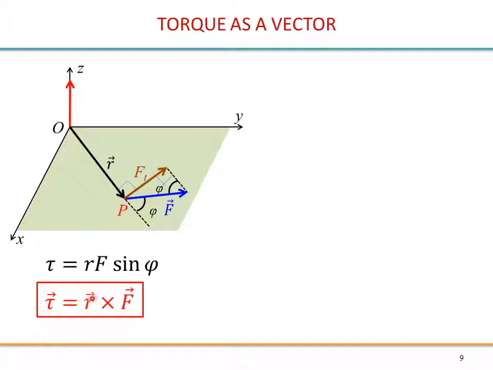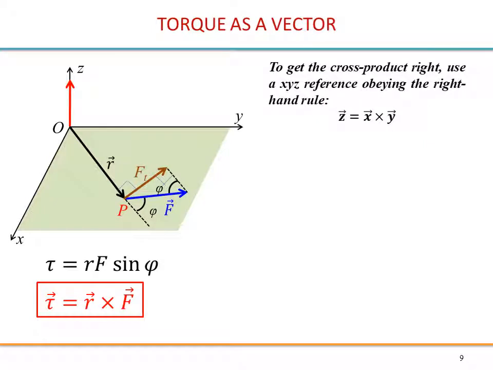Okay. If you calculate this, the magnitude of this vector will be of course the magnitude of r, the magnitude of F, and the sine of the angle between the two vectors, going from r to F. This is important, we will come back to that. Okay, so phi is between vector r to vector F. So you have to be careful when you calculate a cross product.